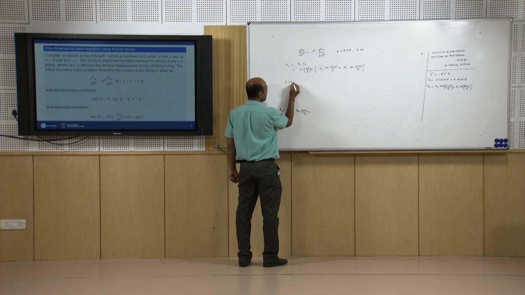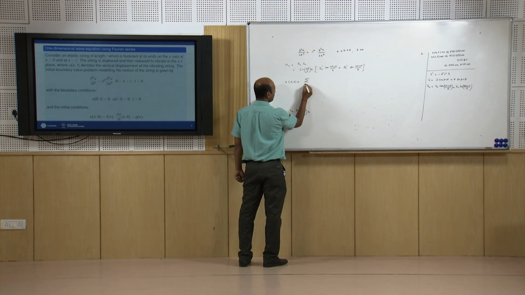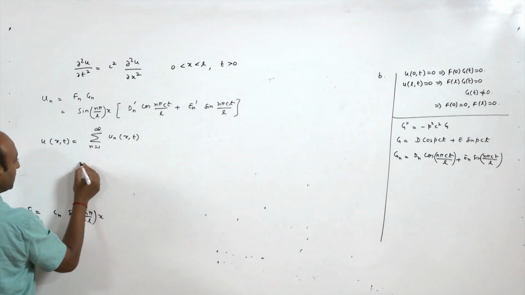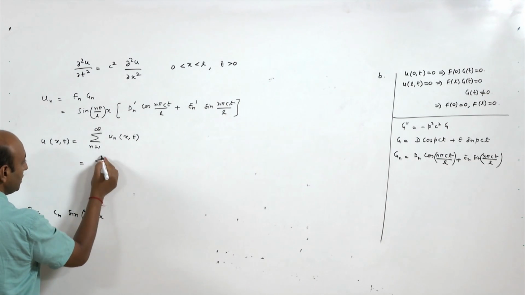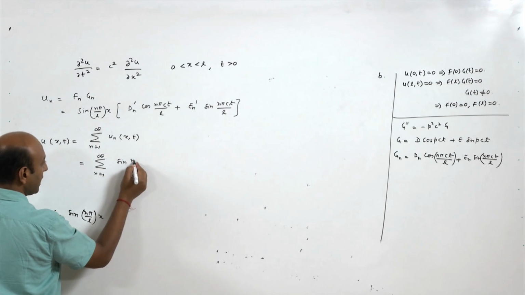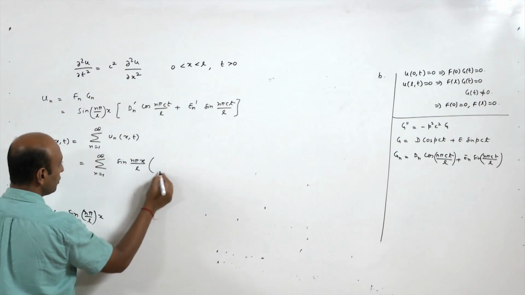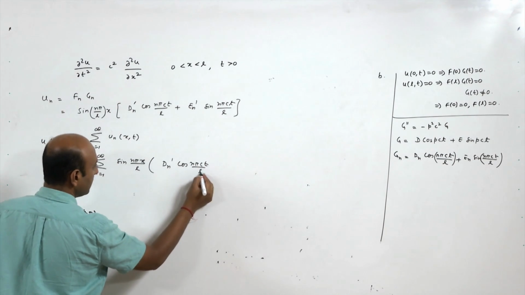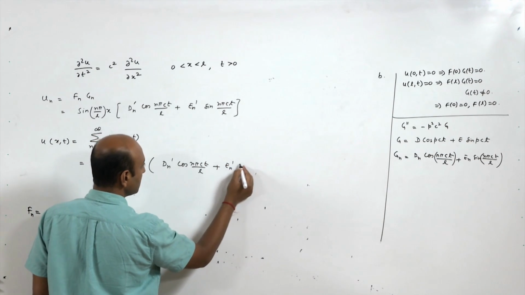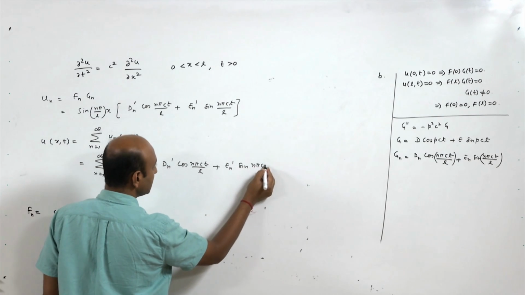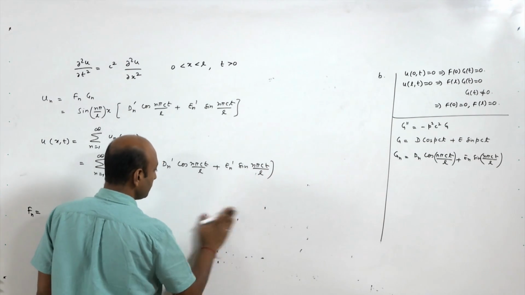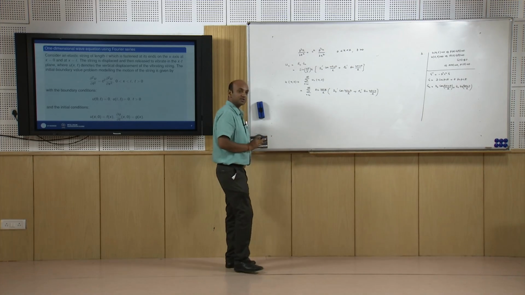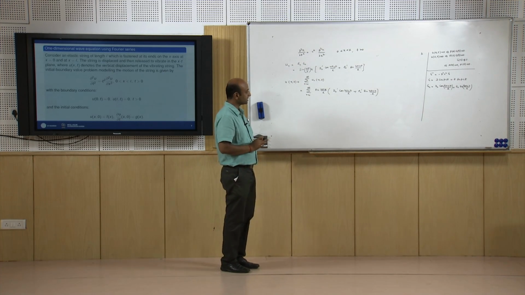So we suppose u(x,t) as summation n from 1 to infinity of un(x,t), which is nothing but summation n from 1 to infinity sin n pi x by L into dn dash cos n pi c t by L plus en dash sin n pi c t by L. So this will be the solution of this differential equation by the superposition principle.